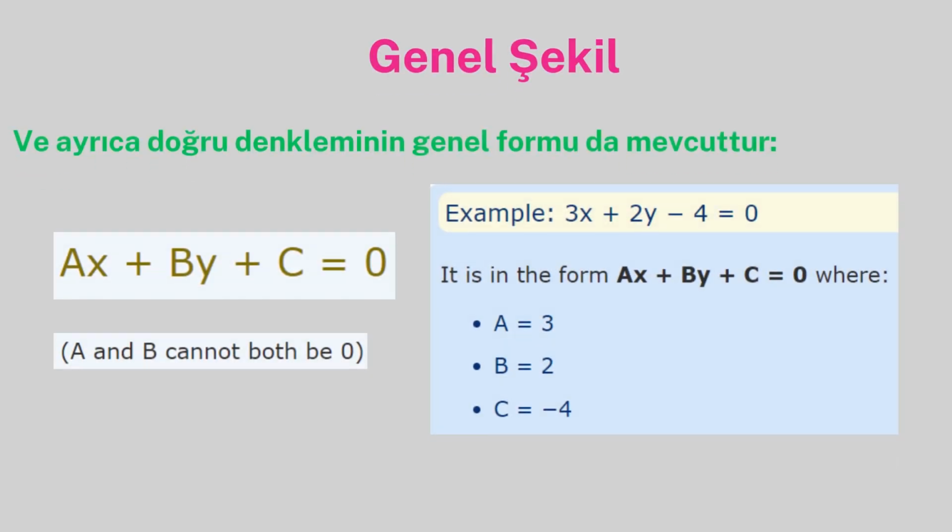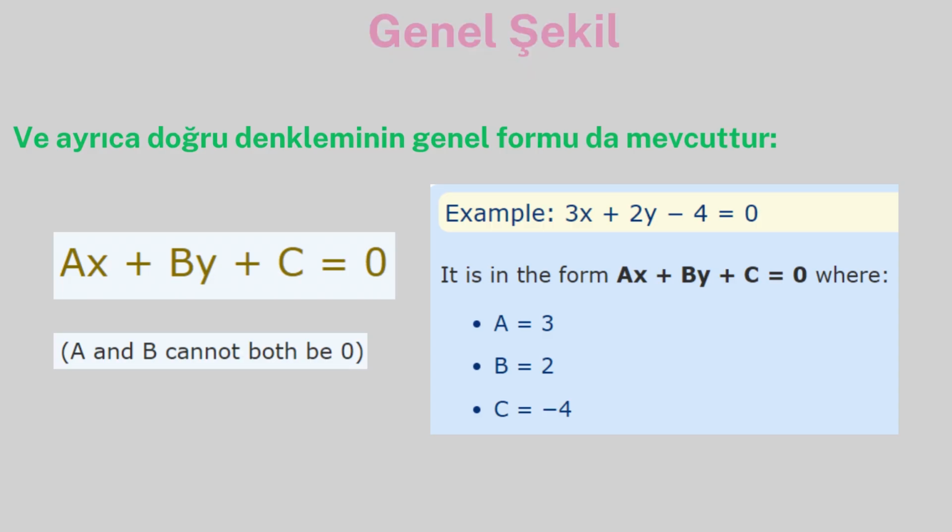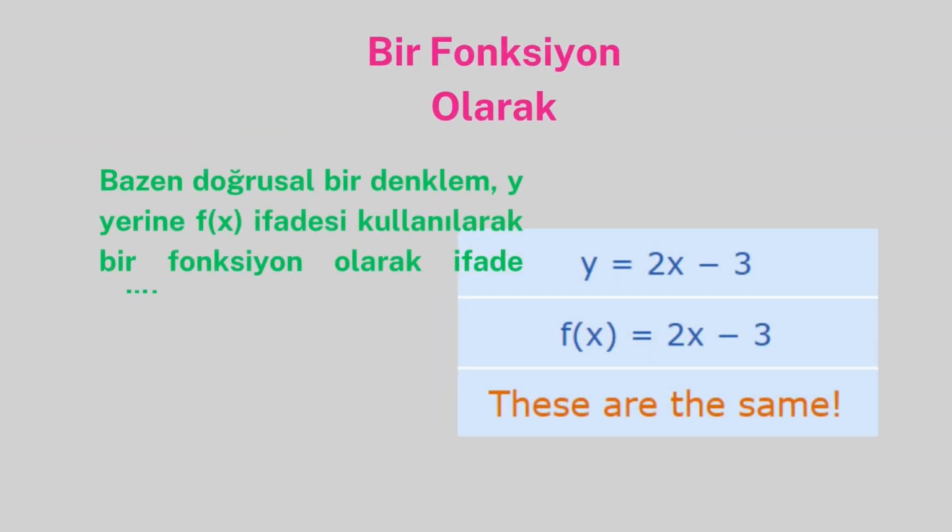General form. And there is also the general form of the equation of a straight line as a function. Sometimes a linear equation is written as a function with f(x) instead of y.